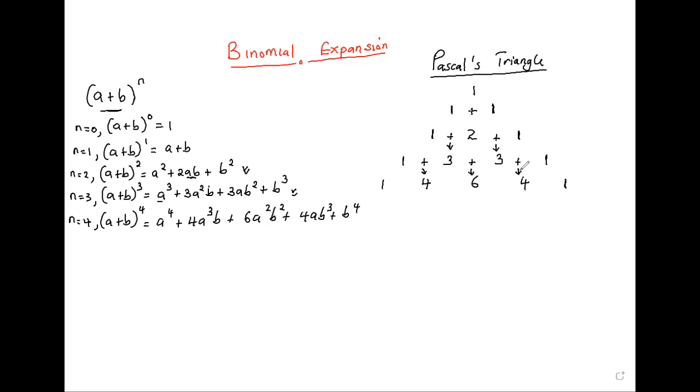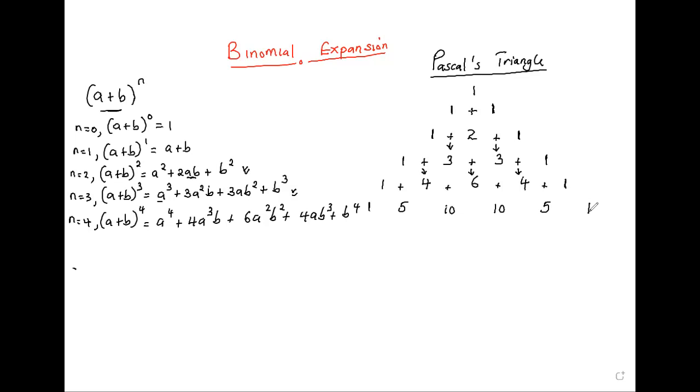It seems like we can now stop the expansion and just build up from Pascal's triangle. So if we go to the fifth line, we'll have 1 here. When we add these two, we'll get 5. We add these two, we'll get 10. We add these two, we'll get 10. We add these two, we'll get 5. And then we'll have 1 at the side.